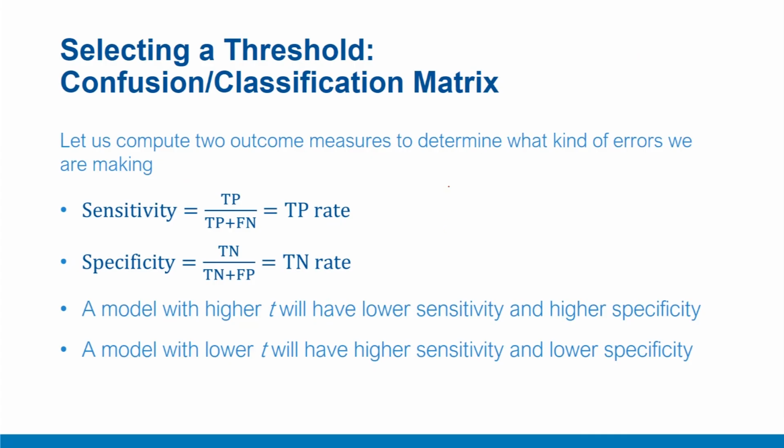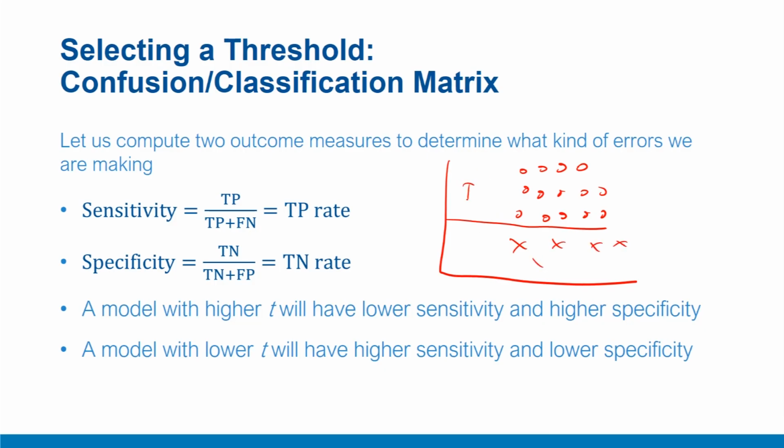Recall that diagram from the tau thresholding discussion where we said that, let's say, these zeros are our defaulters, and these crosses are non-default cases. And remember, we said that if you pick a very high value of t, let's say 0.8, there is a high possibility that some of the default cases or y equal to 1s will be incorrectly classified as y equal to 0s.